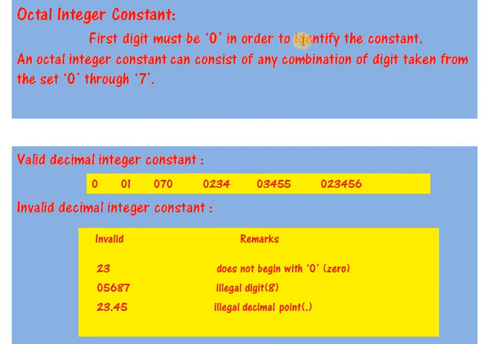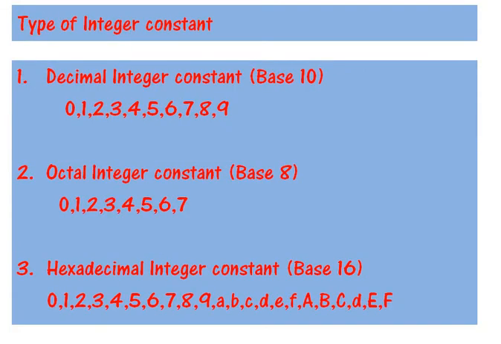An octal integer constant can consist of any combination of digits from 0 through 7. Therefore, the base is 8, as we have seen in the types of integer constant.